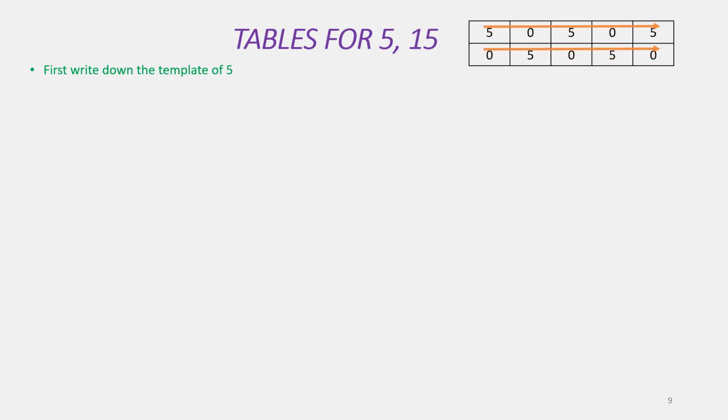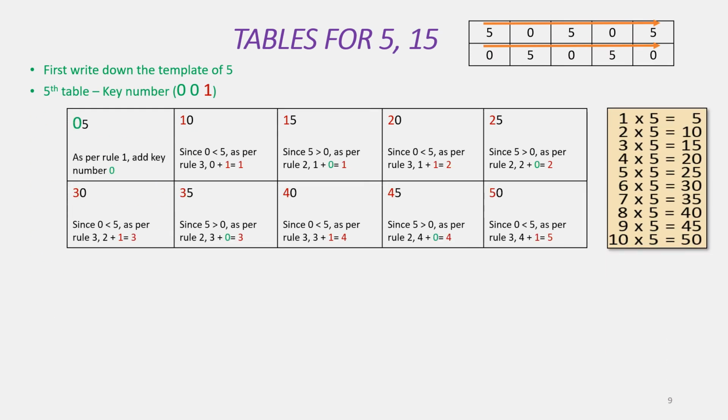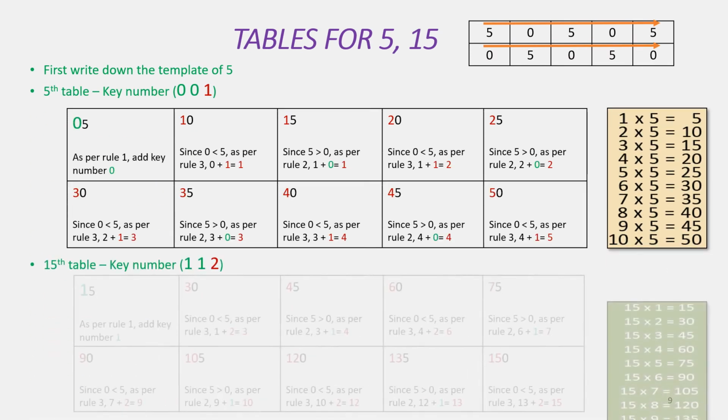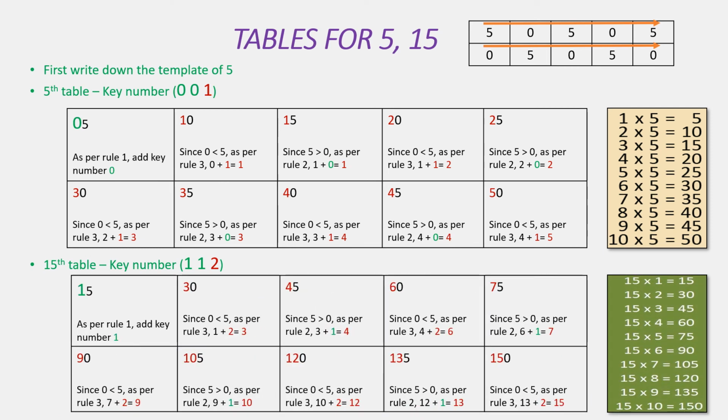We will see how to write tables for 5 and 15. Since these again end with 5, we have to write the template of 5. Then write the key numbers accordingly. Use those three rules and finish writing the tables of 5 and 15.